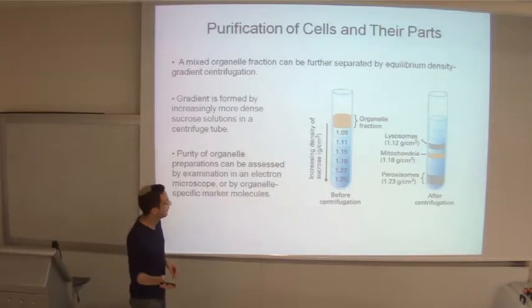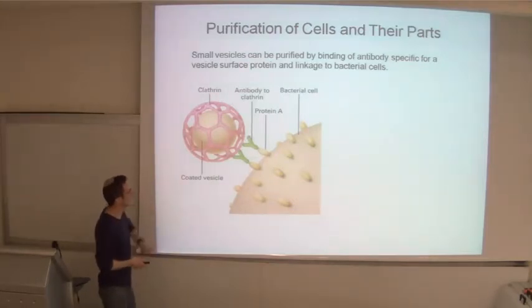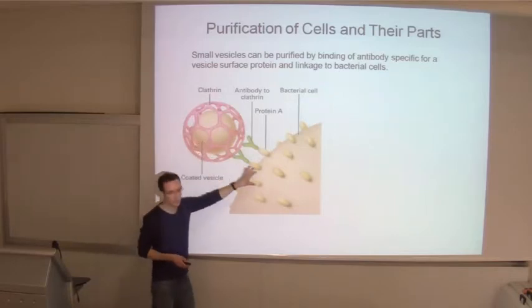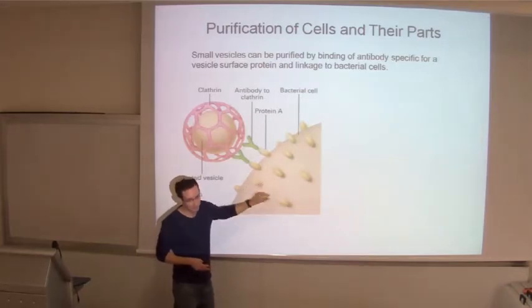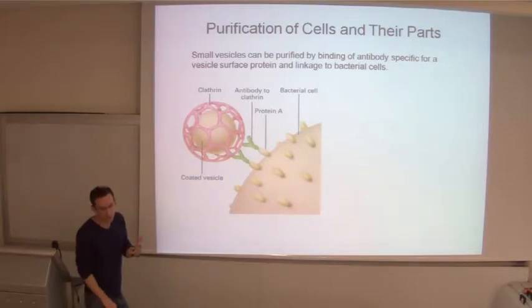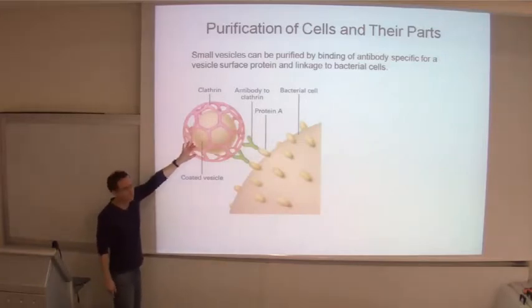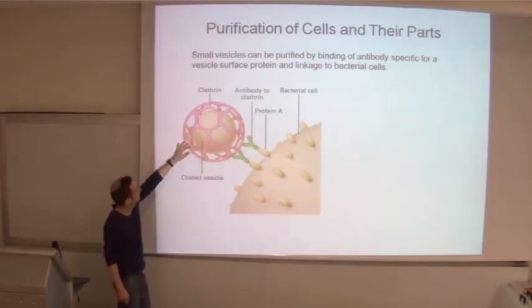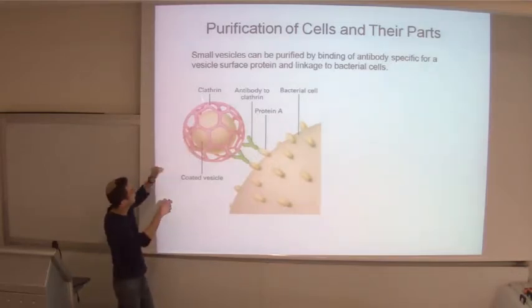Right. And the last method we mentioned, a rather elegant one, is based on linking an organelle to a much heavier anchor, which is actually a bacterial cell, and then centrifuging them with a much slower centrifugation, which allows much better enrichment for the organelles than a harsh centrifugation. So, for instance, here it's described for neurotransmitter vesicles, which are most of the time covered with a protein named clathrin.